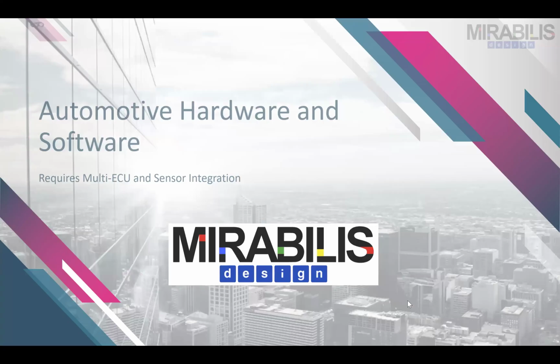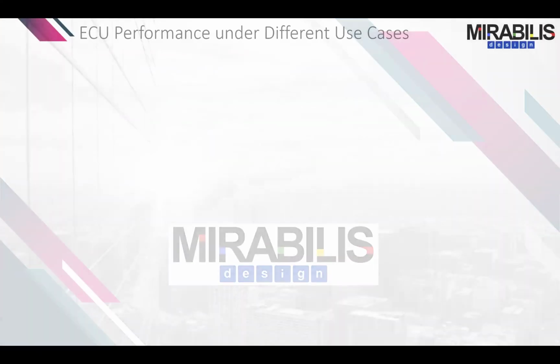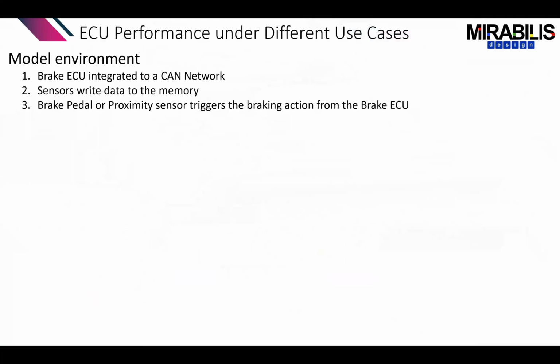Now that you've looked at the network, let's deep dive into, say, the ECU and the sensor integration. When you look at the ECU and sensor integration, first and foremost, there's going to be a large number of use cases. Take the braking system: you have the sensors, the brake pedal and the proximity sensor that's triggering the brake action.